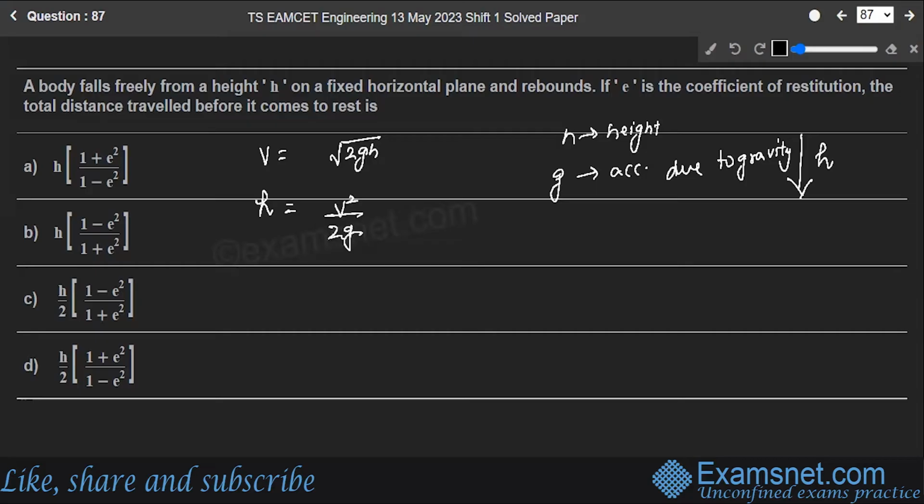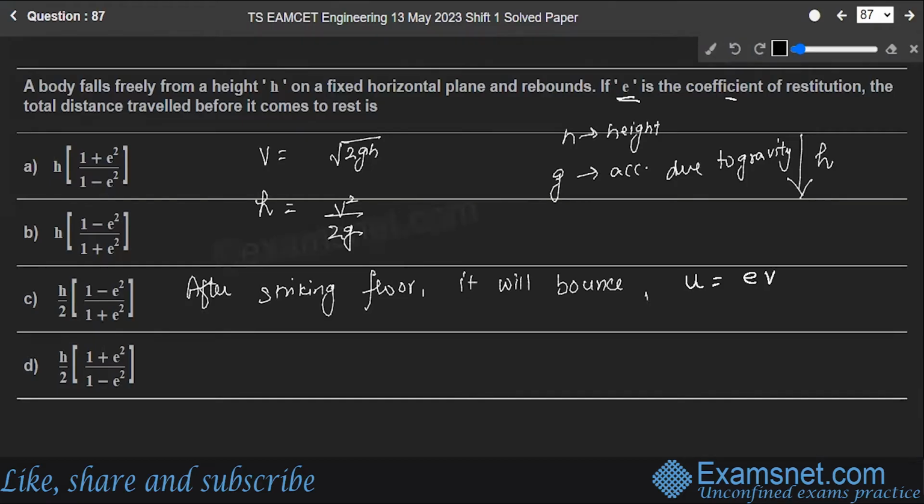Now, after striking the floor, it will bounce back with the velocity, let's say u is equal to ev. Here e is the coefficient of restitution and v is your initial velocity with which it has hit the ground.